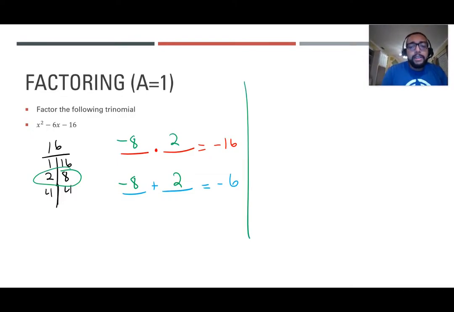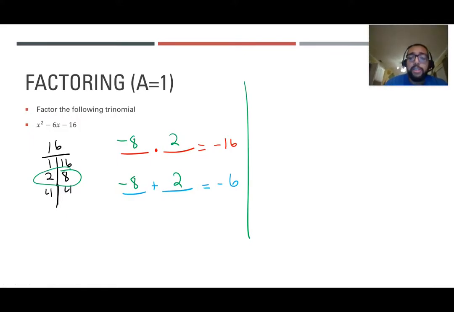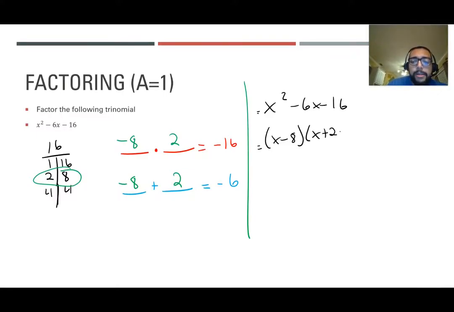So this leads us to say that the expression x squared minus 6x minus 16 is the same as x minus 8 and x plus 2.